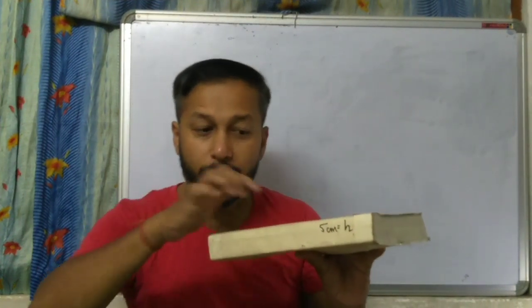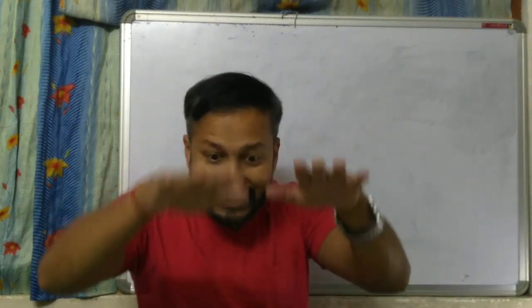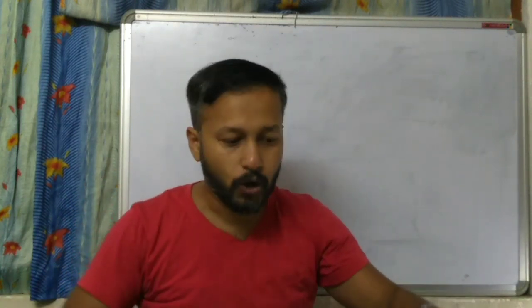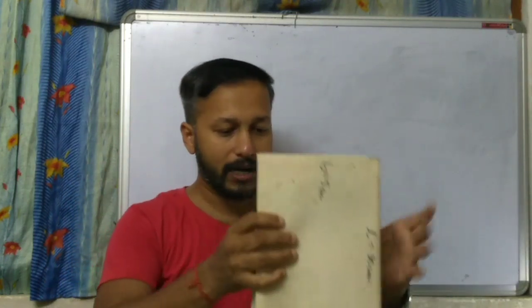Fine. So length, breadth and height are there. From this we have to calculate how much pressure it exerts on the table when you are keeping the book this way, or this way, or this way. Let's see.